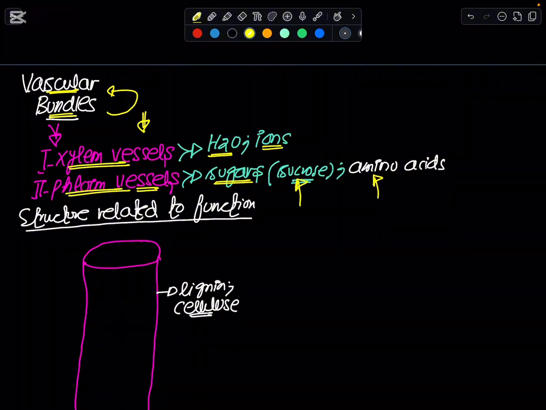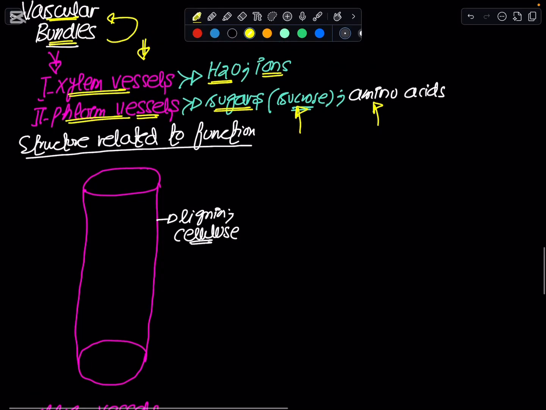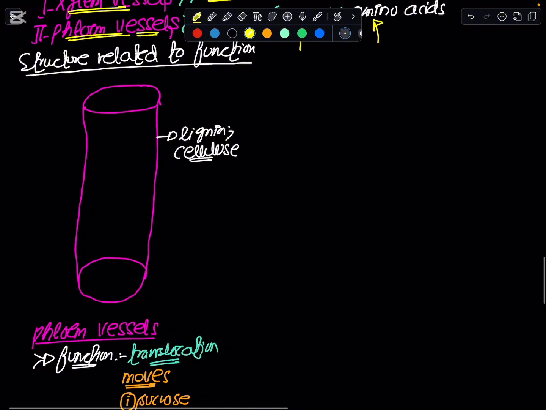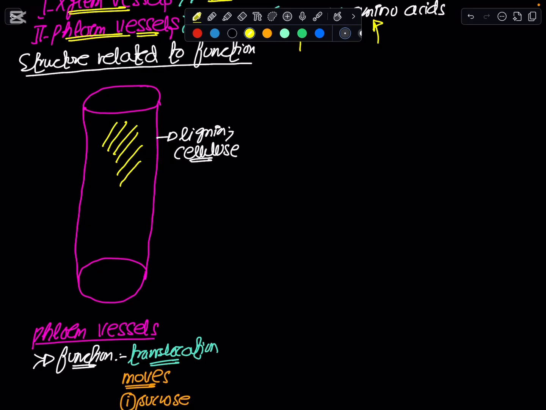For this particular chapter, we must know how the xylem vessel is adapted for the movement of the water and the ions. Now you see that I have this xylem vessel made right in front of you. The inside of the xylem vessel, you need to remember its name, and the name would be the lumen. The lumen of the xylem vessel is wider and there is no presence of cells here.